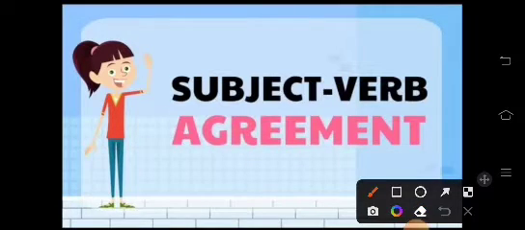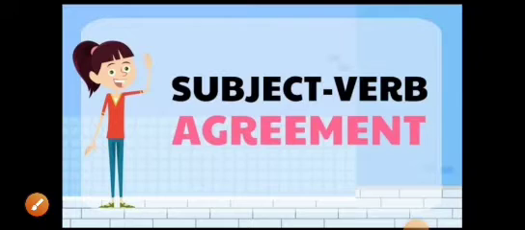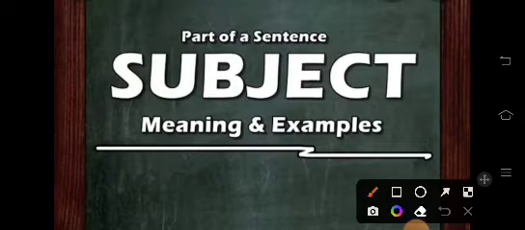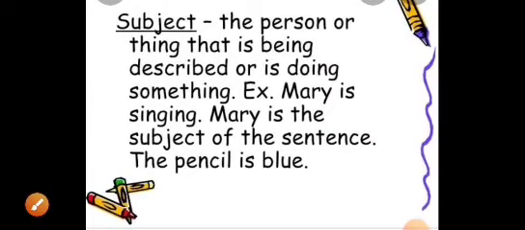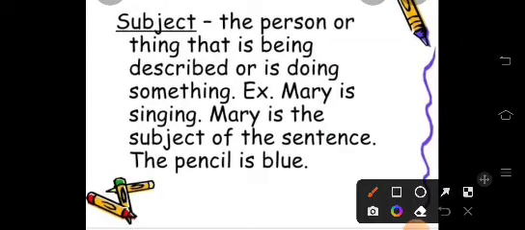Before beginning with the relationship between the subject and verb, let us understand what a subject is. What do you mean by subject? Subject is the person or thing that is being described or is doing something. Example, Mary is singing.